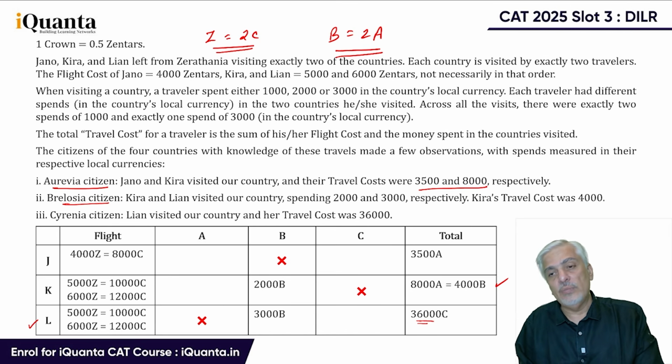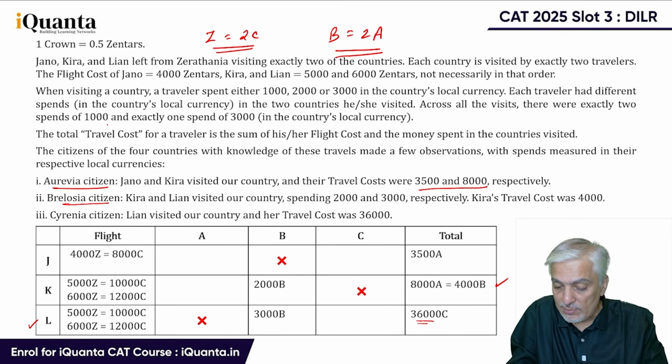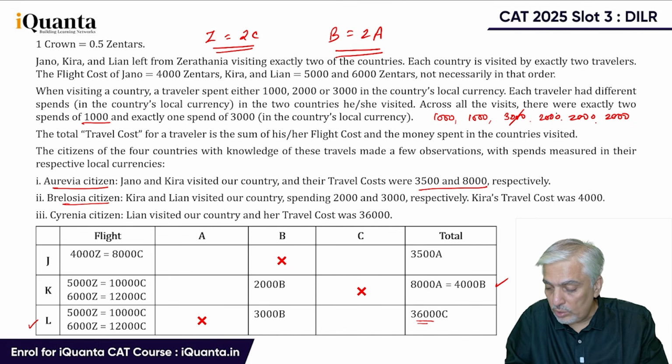Let me explain how. Now we had already said that there were 3 2,000s. Now this part comes where there were 2 1,000s, 1 3,000 and 3 2,000s. Now pay attention to this very carefully. The 3,000 has already gone over here. 1 2,000 is gone.